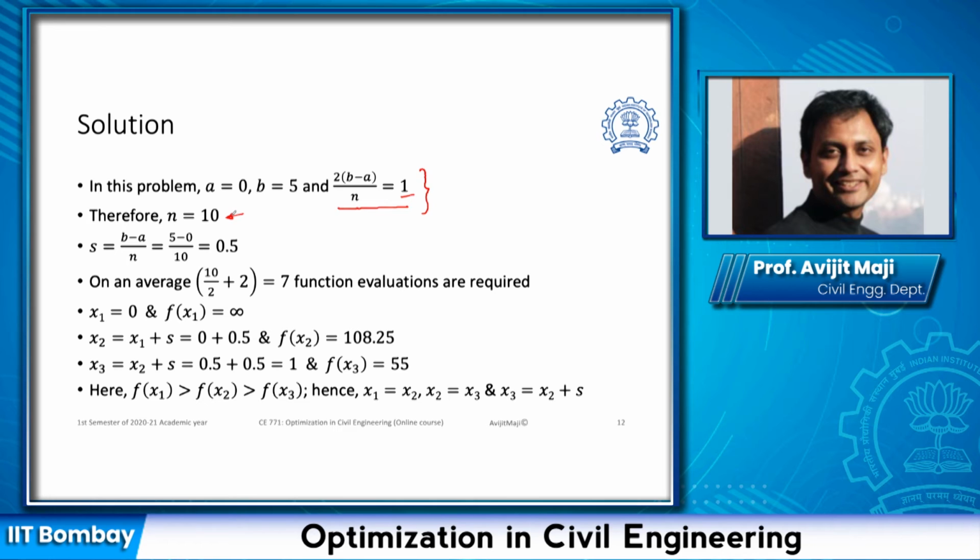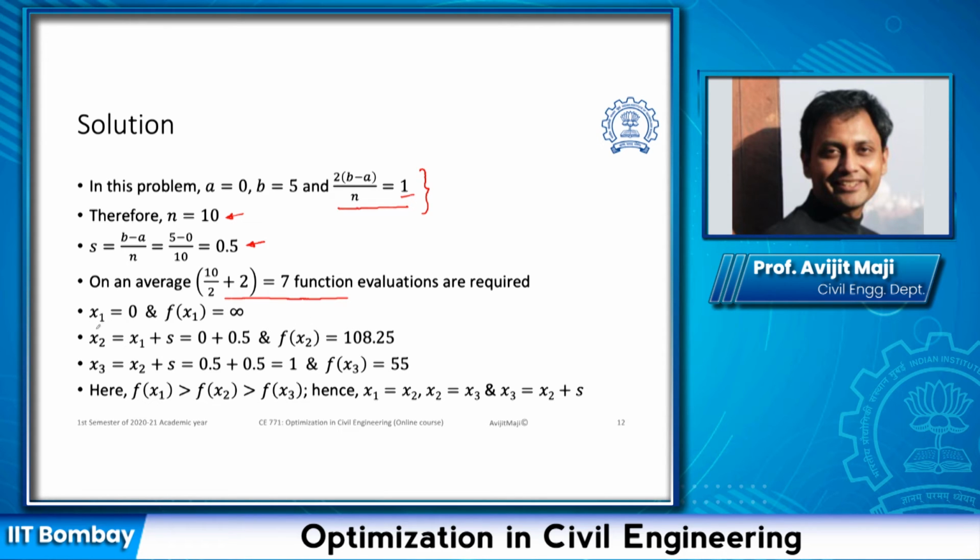If we use this 10 to find out the step size, then we get the step size as 0.5, and if you want to find out the average number of function evaluations we may need to do, we can use this formula where we fit in the values. Then we know that we may need to do 7 function evaluations. So now let us start the process.